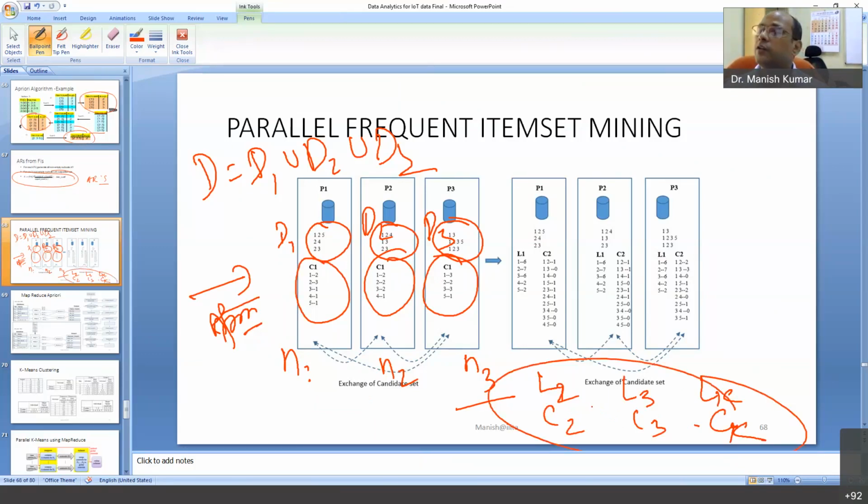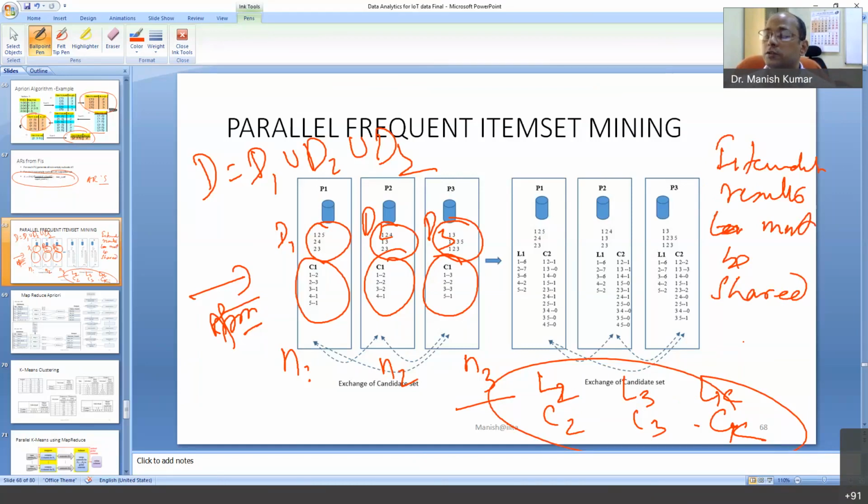But when you have parallel executions, since you have to merge the intermediate results, and finally also generate the final results, the intermediate results must be shared in each iteration of Apriori.